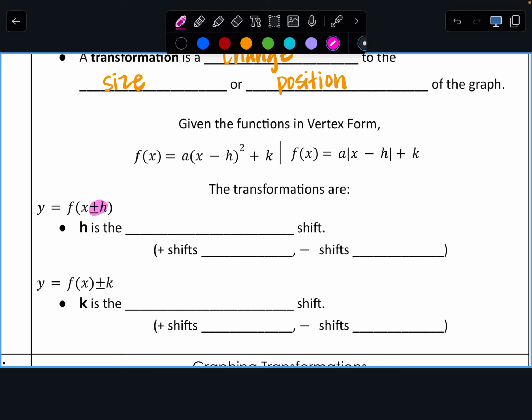H is the horizontal shift. When we see a plus sign in the equation, it shifts left, because remember, h is always the opposite, and subtraction shifts right.